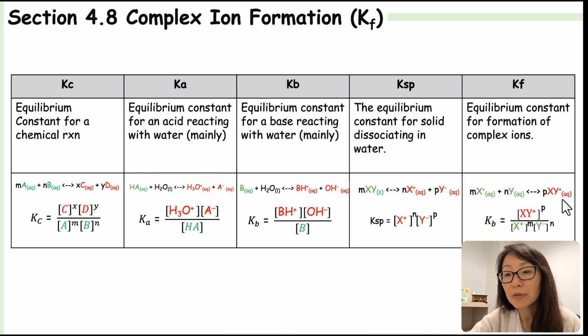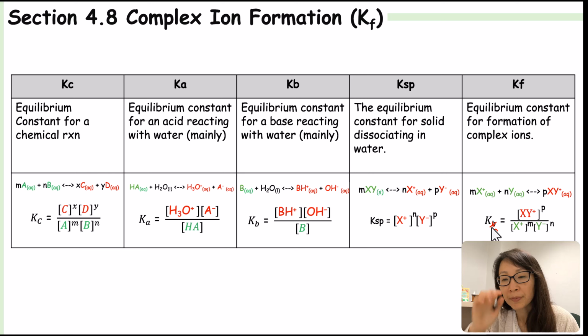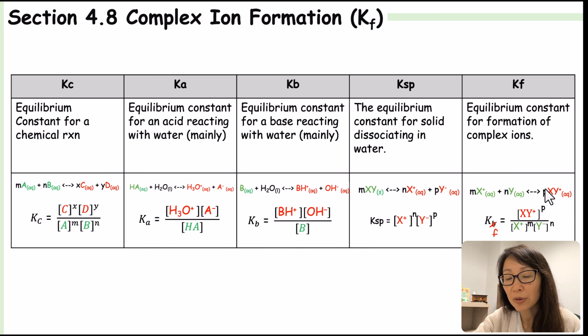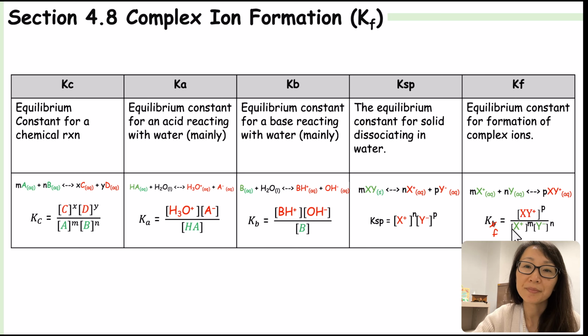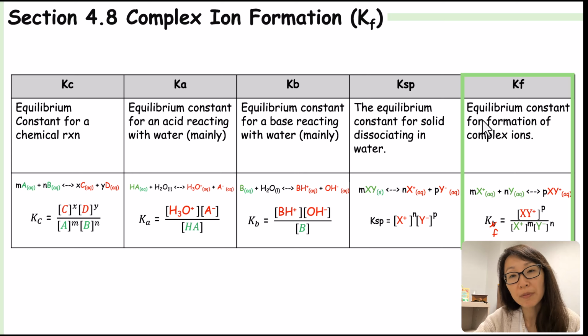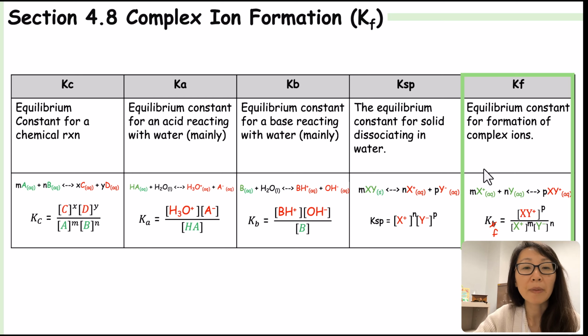And so we can put in this Kf value, and that gives me the product over reactant, where the product has a coefficient P, and the reactants have coefficients M and N accordingly. This is the portion we're going to focus on when we talk about complex ion formation.